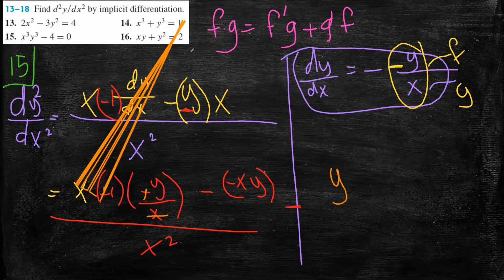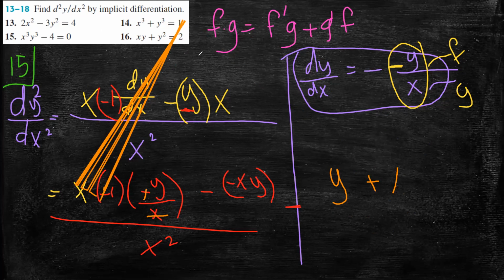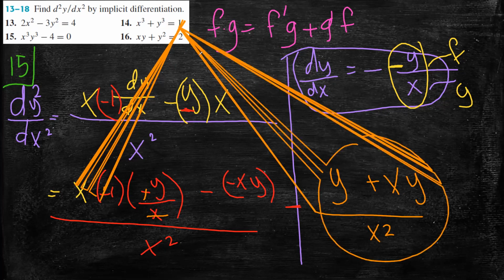So we have y plus xy over x squared. This will be now the second derivative.